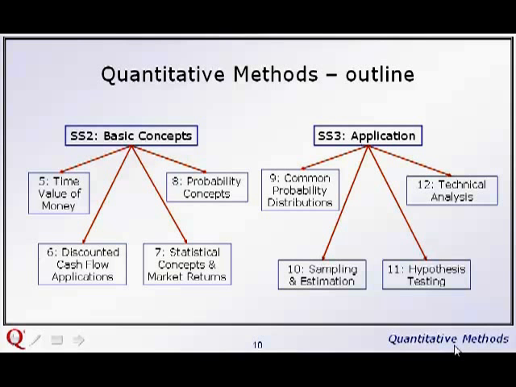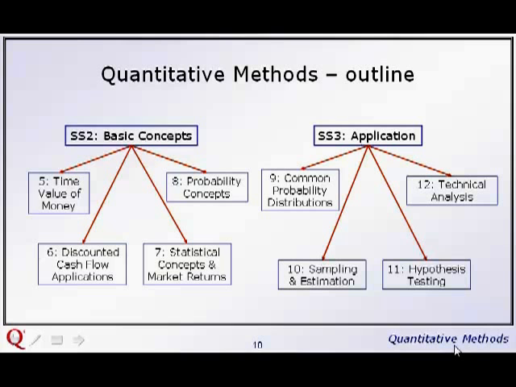Probability concepts, looking at how we define probability, how likely things are to happen. Quite a few definitions, quite a few calculations in that, and that leads us into reading 9, the first part of the application study session, which covers a number of distributions, in particular discrete distributions such as the binomial and continuous distributions such as the normal distribution.